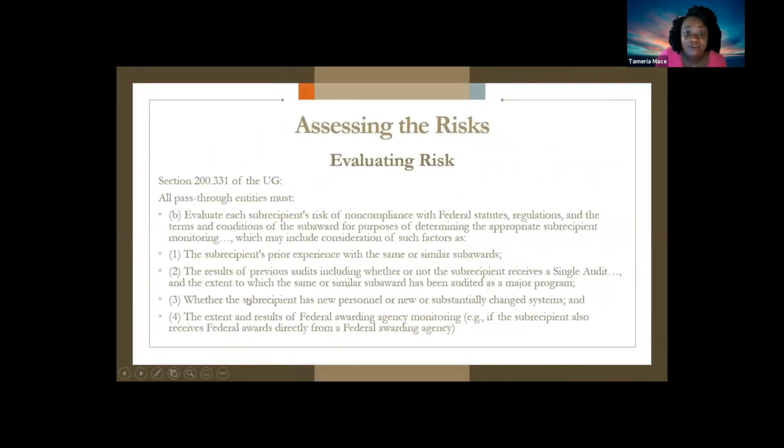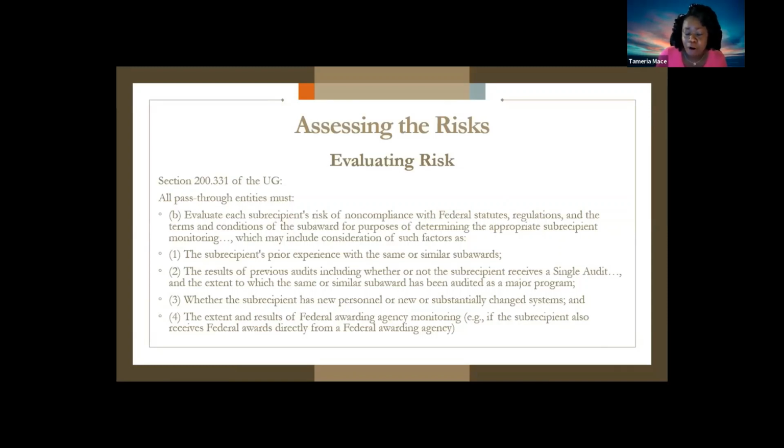So with assessing and evaluating that risk, again, this comes from the uniform guidance. We have to evaluate our subrecipient. Some criteria that we use to do that: do we have any prior experience with that subrecipient? Does that subrecipient have any prior experience with doing similar work or similar awards?